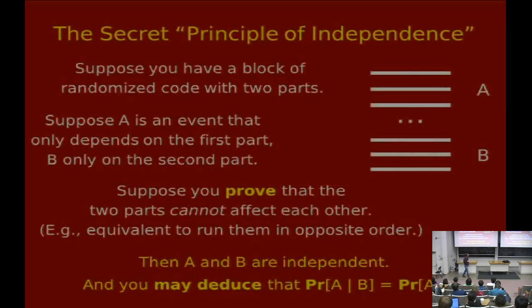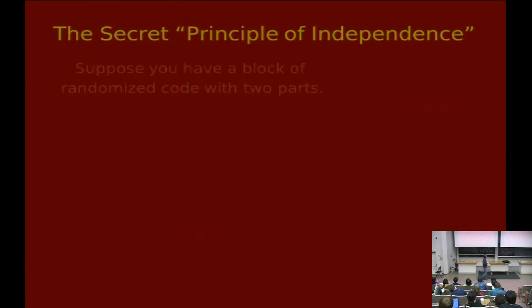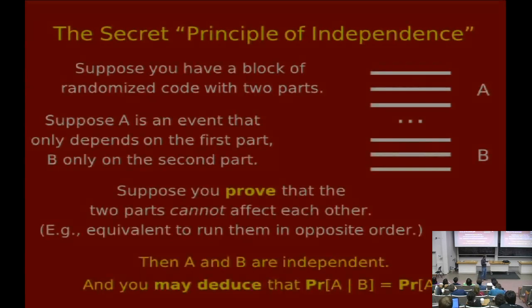Now, this is the way that independence always gets used in real life. You have some problem, you have some events A and B, you argue about why they're independent using this principle, and then you say, aha, therefore we can do a computation using this fact. Now, if you go back to these slides, that does not make sense, because formally our definition is that they're independent if and only if this holds.